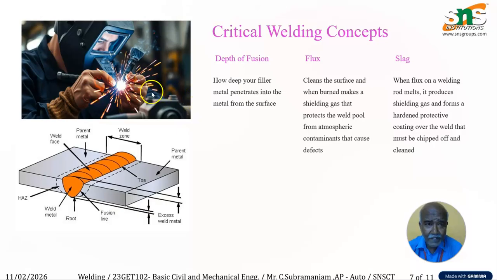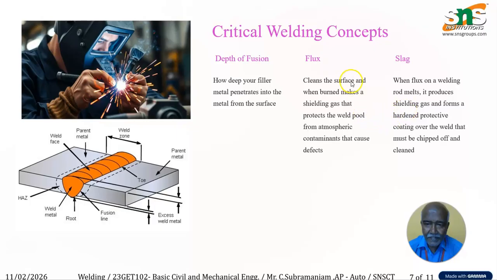Here you can see the critical welding components. When welding is created, a spark will be created, and it is covered by the shield itself. So it mainly depends upon the depth of the fusion, the flux and the slag. The depth of the filler metal, and the flux which cleans the surface when burned, makes shielding gases and protects the weld pool from atmospheric contamination that causes defects.